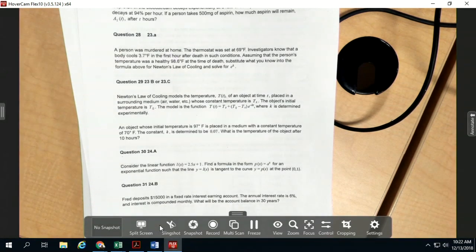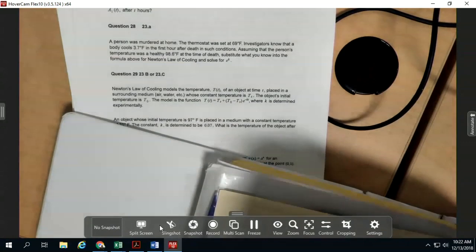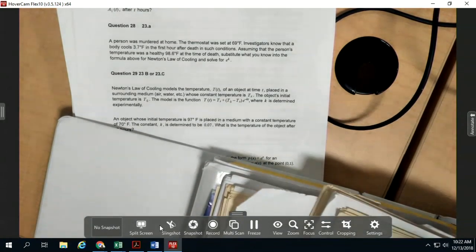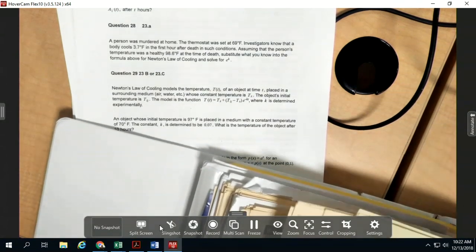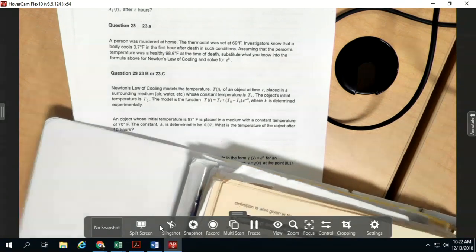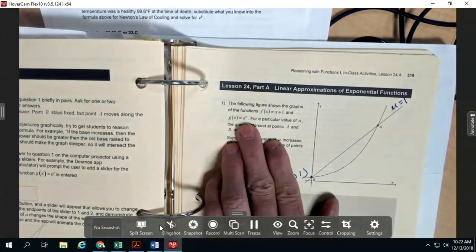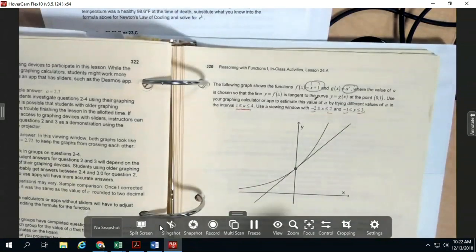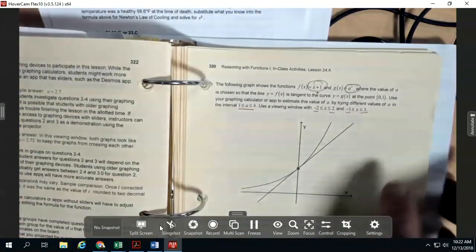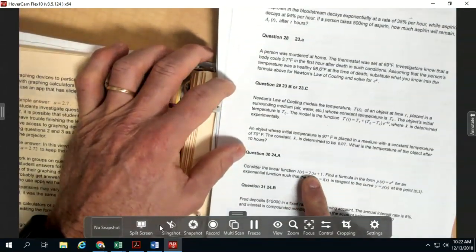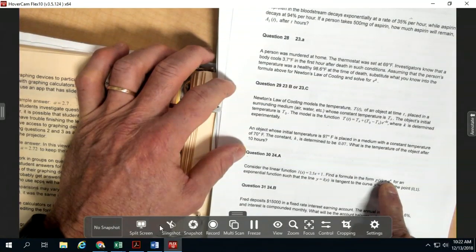Oh, this is that lesson, number 23B or so. Let me think here. No, it might have been 24A. In that lesson, we had x plus 1 equals a to the x plus 1, and we determined that as they got closer and closer together, x plus 1 equaled a to the x plus a to the x. So if you look here on this problem, they say 2.5x plus 1. So this would be a to the 2.5.